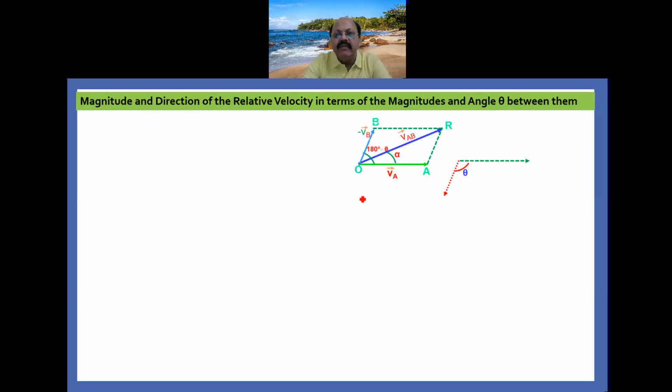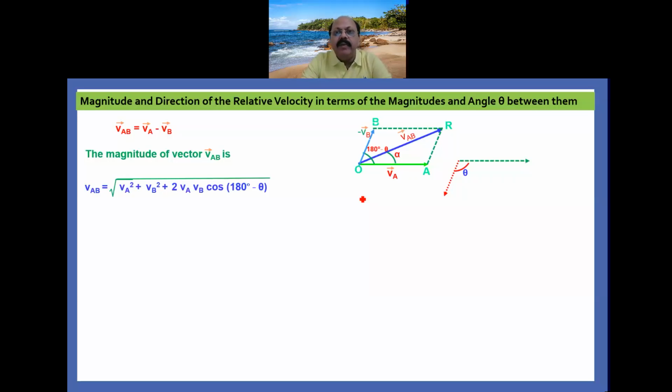If we say that this VAB vector makes an angle alpha with VA vector, then this angle alpha will give you the direction of the relative velocity of object A with respect to object B. So you see that VAB vector equals VA vector minus VB vector, and the magnitude of VAB vector we calculate by using the formula for the resultant from the parallelogram law of vector addition.